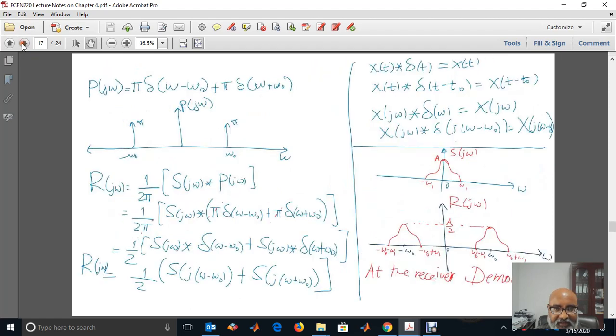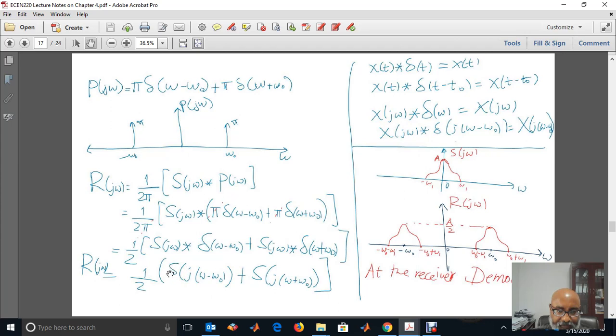Therefore, this is P(j omega) graphically, two impulses at minus omega naught and omega naught. Now, R(j omega) is 1 over 2 pi S(j omega) convolved with P(j omega): S(j omega) convolved with delta(omega minus omega naught) plus S(j omega) convolved with delta(omega plus omega naught), and pi cancels pi. I have R(j omega) equal to half S(j omega minus omega naught) plus half S(j omega plus omega naught).